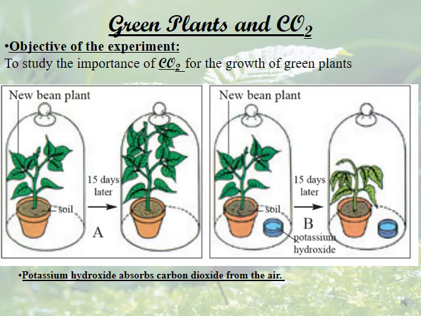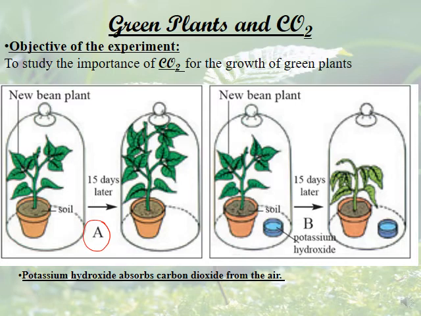Moving to the green plants and CO2. The objective of this experiment is to study the importance of CO2, carbon dioxide, for the growth of green plants. We have two plants A and B, where plant A has the normal condition, in a transparent glass that allows the sunlight to enter. It has water and the normal conditions, so it grows normally, tall and green.